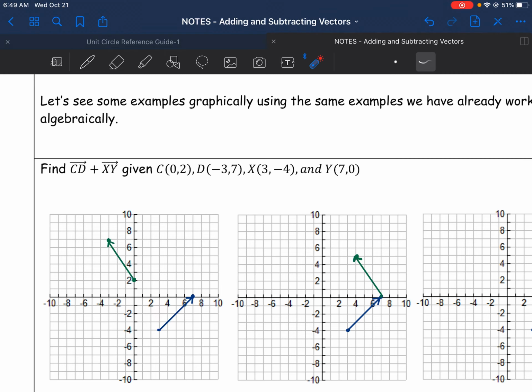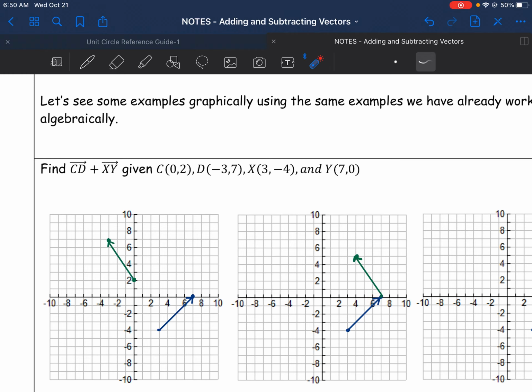So notice all I'm going to do here is take the first vector and move it over so that the tail of the first vector right here is matching up with the head of this vector. That's why it's called the head-to-tail method. The vector here, tail matching with the head of the other vector.